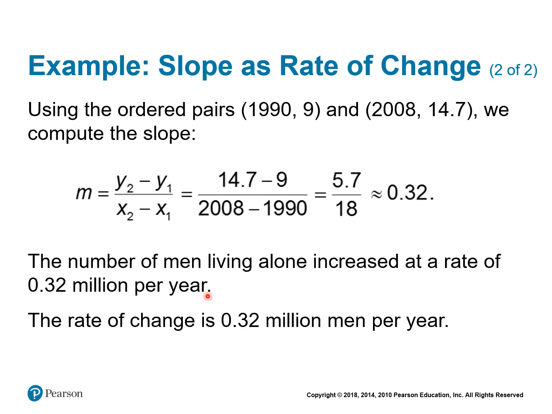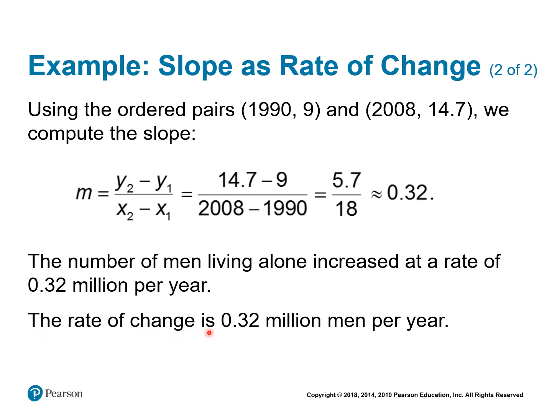Every year from 1990 to 1991, it increased by 0.32 million. Then from 1991 to 1992, it increased by another 0.32 million. So that was the rate of growth in the number of adult men living alone in the United States.